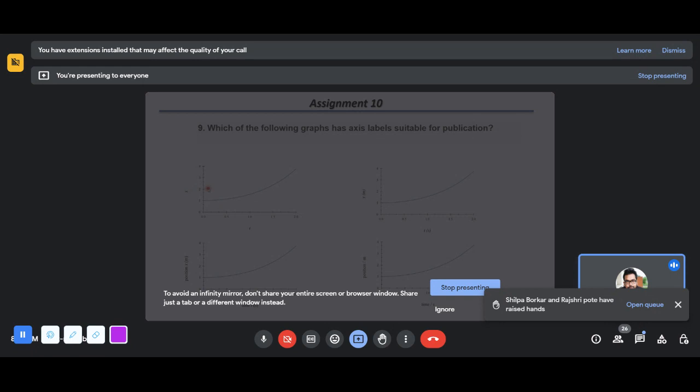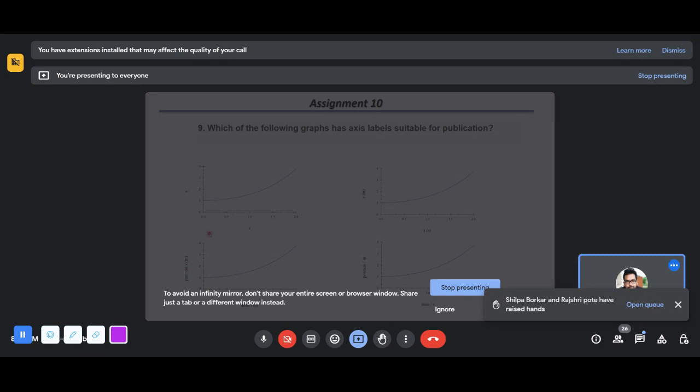In the first case, the problem is that no axis title is mentioned, describing what it is showing, and also no unit is mentioned. In both cases, it is not acceptable. In the second case, no axis title is given, and although it is said that the unit is given, that's why it is also not acceptable. In the third case, they have mentioned what is designating which axis.